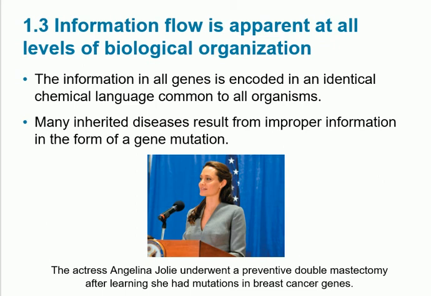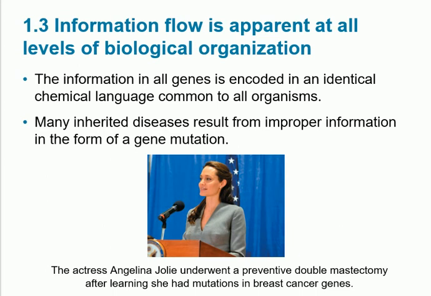It happened throughout all the levels that we're talking about. The information is encoded in genes, and it has the identical chemical language that's in all organisms. So the language of the genes in humans and animals and so on is the same, which we're going to cover later on.